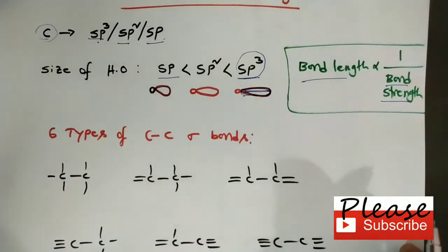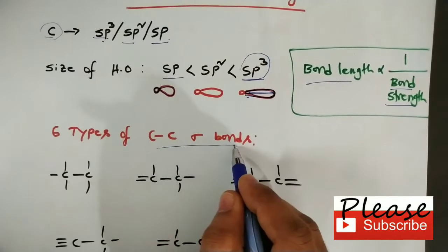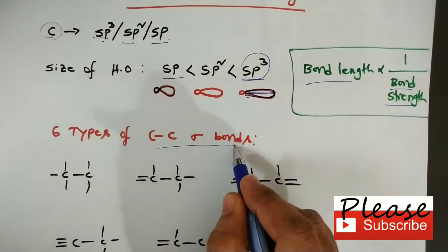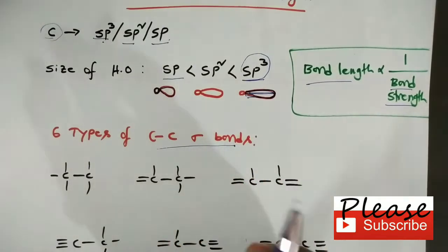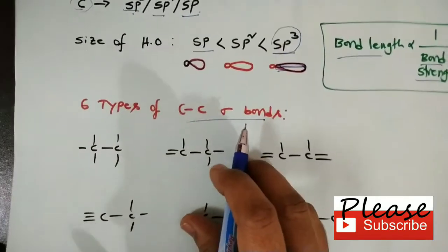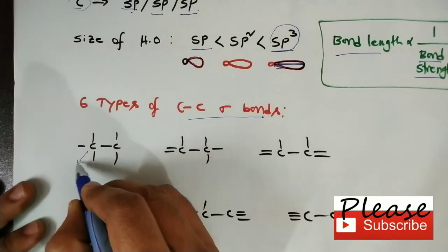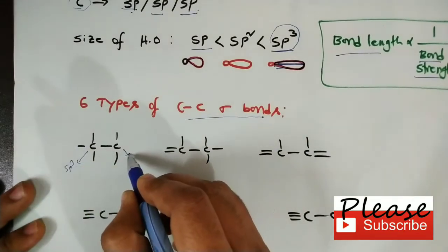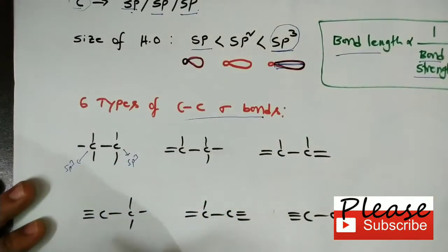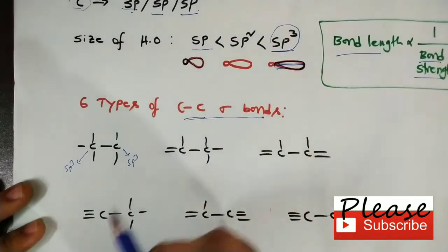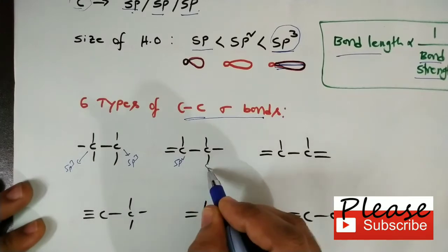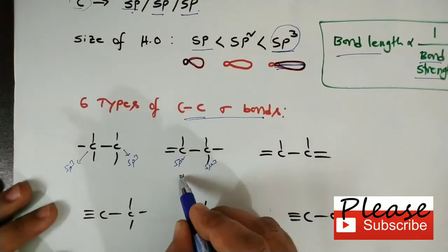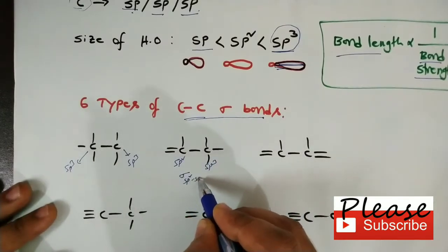Now here there are six types of carbon-carbon sigma bonds, based on the hybridization of the particular carbon. Here this carbon is sp3, and this carbon is sp3, so just single bonds, carbon-carbon sigma bonds. Here this carbon is sp2 and this carbon is sp3, so the sigma sp2-sp3 bond.